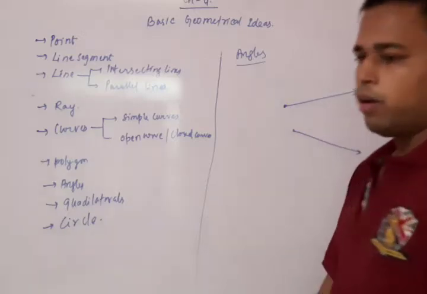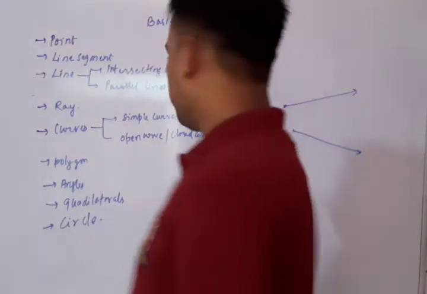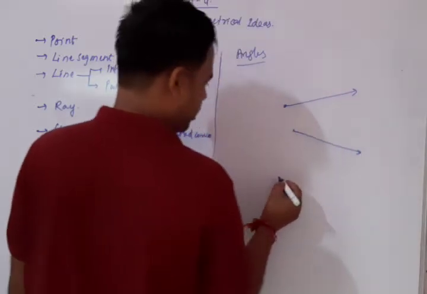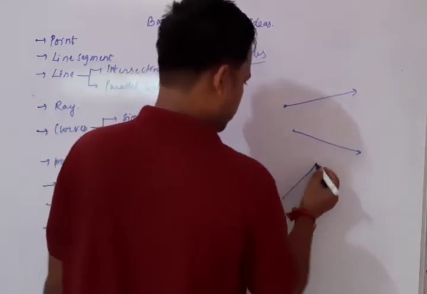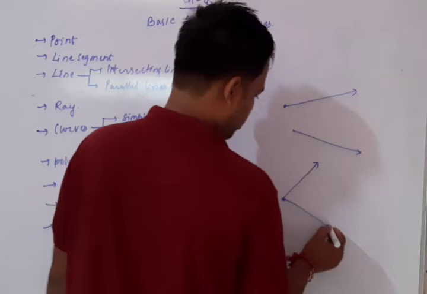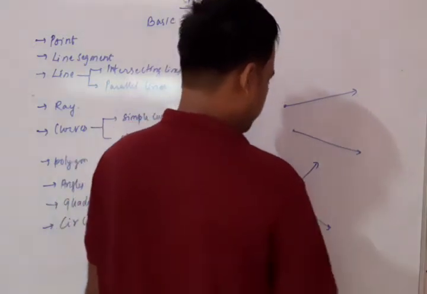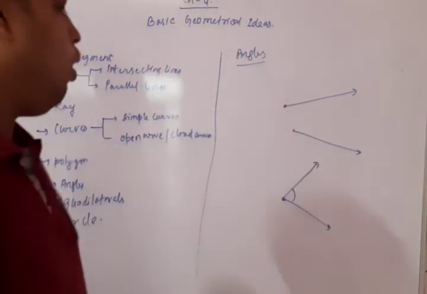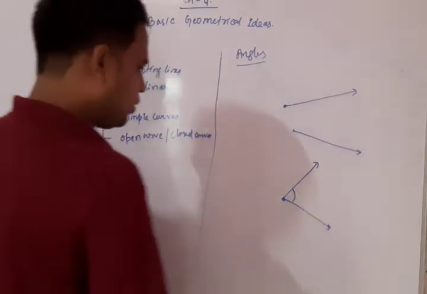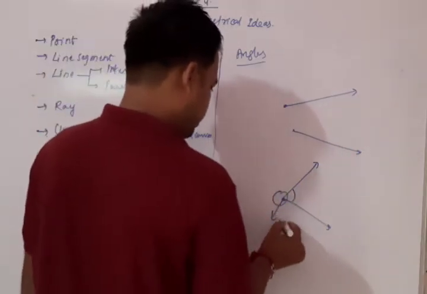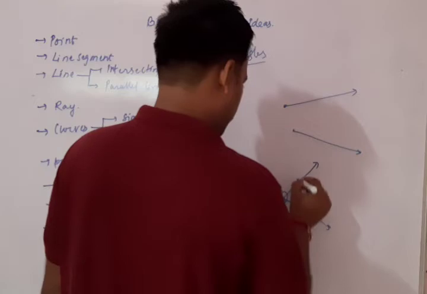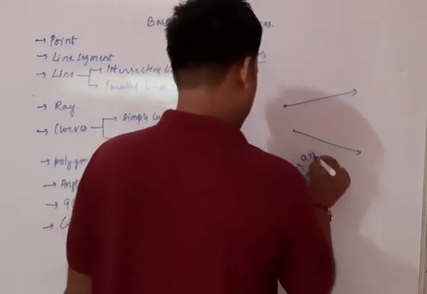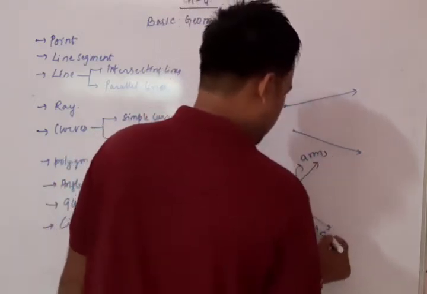Now join both terminating points. When you join both, you will get a figure like this, and this will be the angle. The angle has this vertex, and these are the arms.